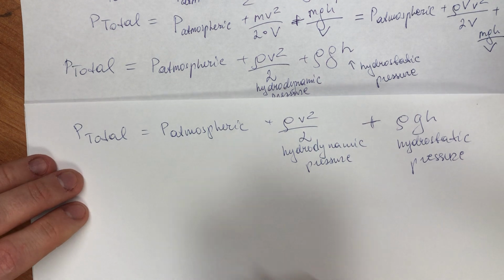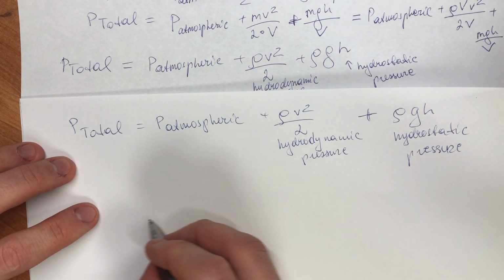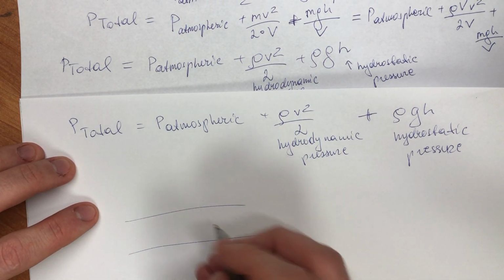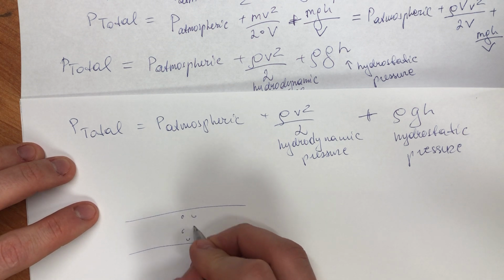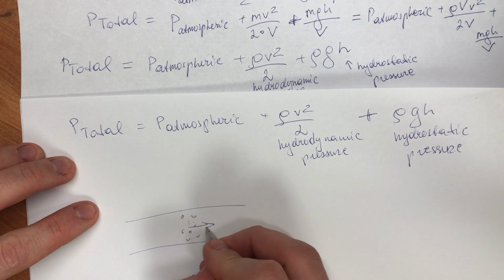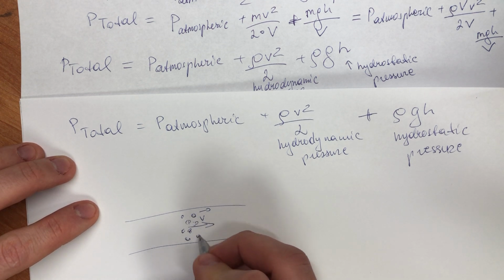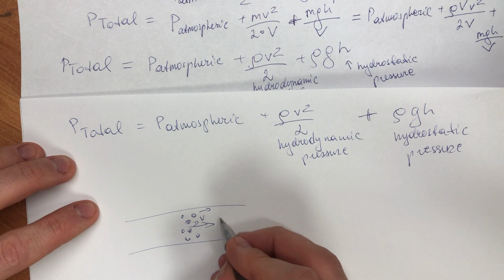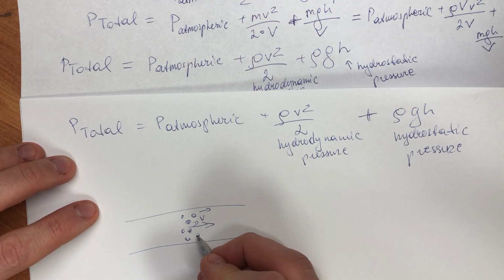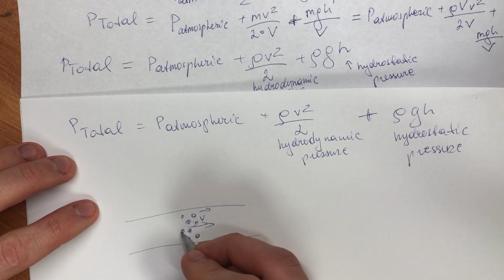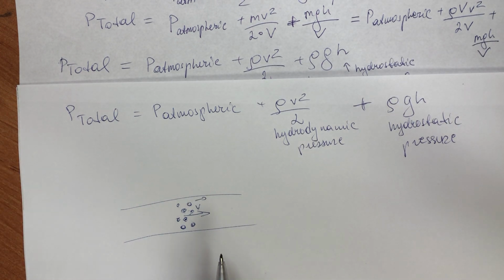As for hydrodynamic, let's say we have a pipe and we have molecules. Molecules are moving with the velocity v. So these molecules, as the flow of the fluid, can move an object, if there is some kind of object, or they can turn the turbine, if we have an energy station, let's say a hydro energy station.